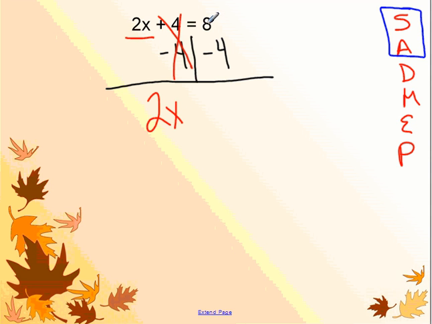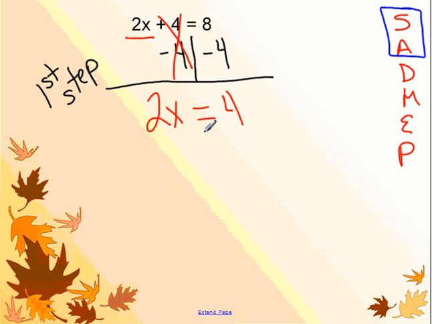On the right-hand side, 8 minus 4 gives me positive 4, and there's an equal sign in the middle. Now, the reason this is called a two-step equation is because this was the first step. But we aren't done yet because we still don't know what x equals. We only know what 2x equals.